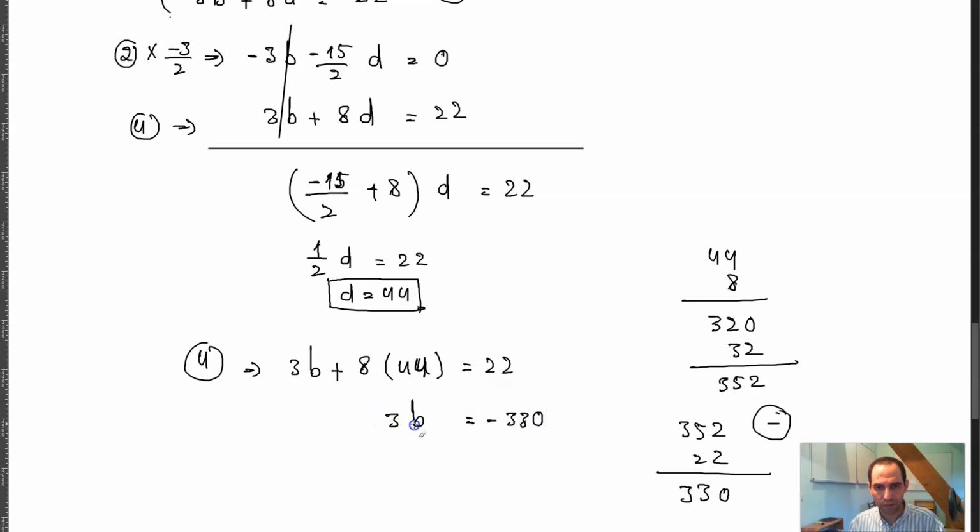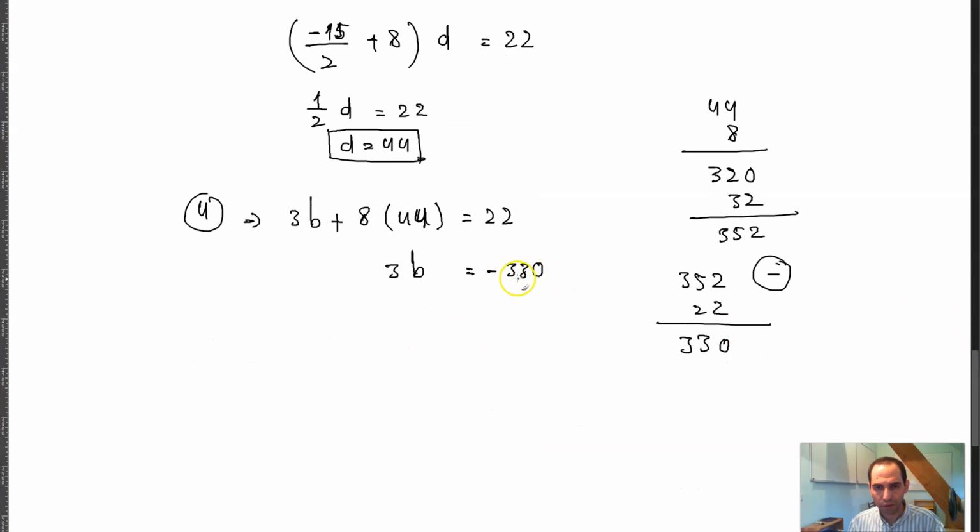And that is 3b. And then this number is also divisible by 3, because 3 plus 3 plus 0 is equal to 6. 6 is divisible by 3. The number is divisible by 3. So 330, that's 3 times 110, of course.